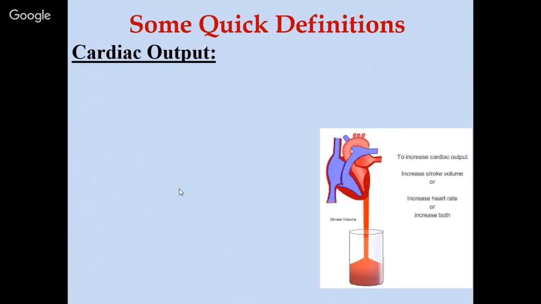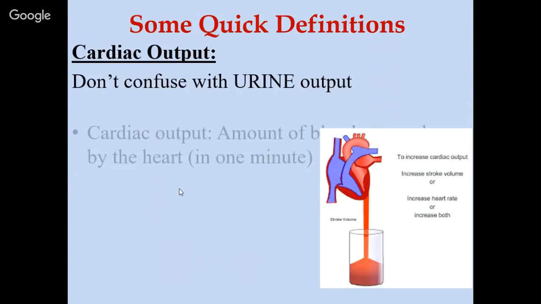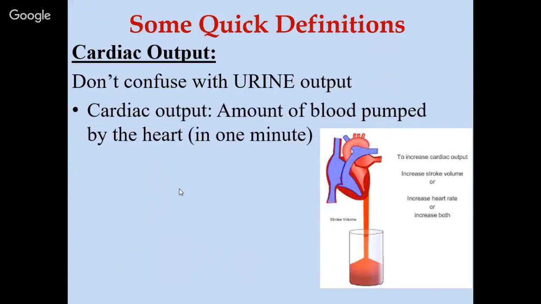Cardiac output. Don't confuse it with urinary output, but the BP is related to it. Cardiac output is the amount of blood pumped by the heart every minute.